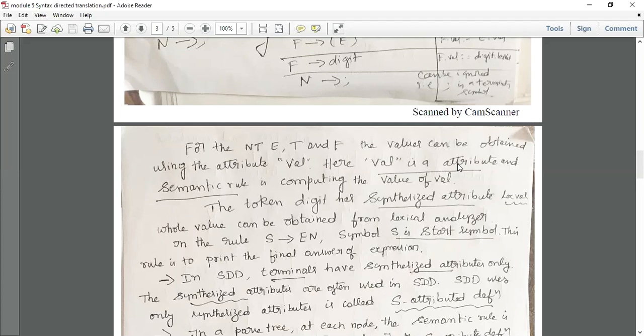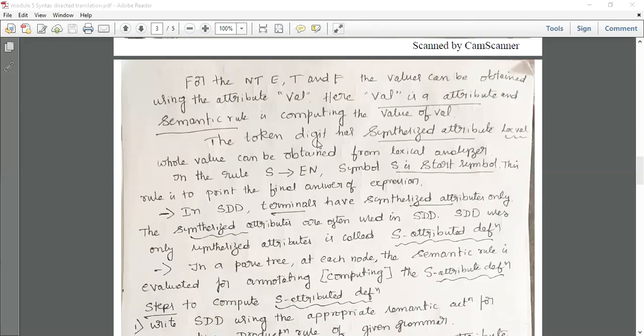Here val is an attribute, and the semantic rule is computed using the value. So like that, we are going to perform the operation. The token digit has the synthesized attribute lex val, whose value can be obtained from the lexical analyzer.